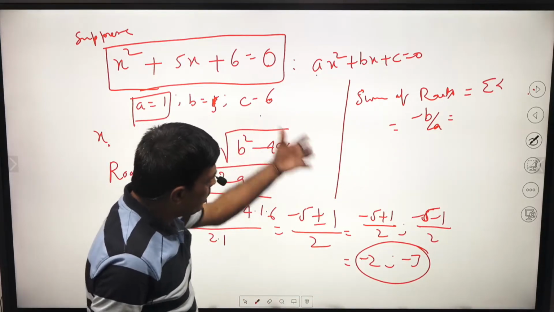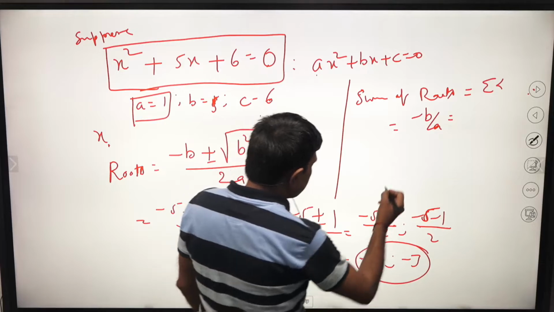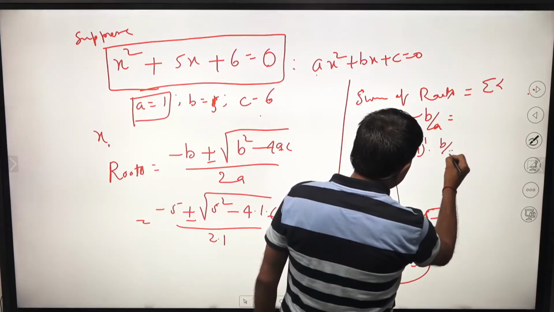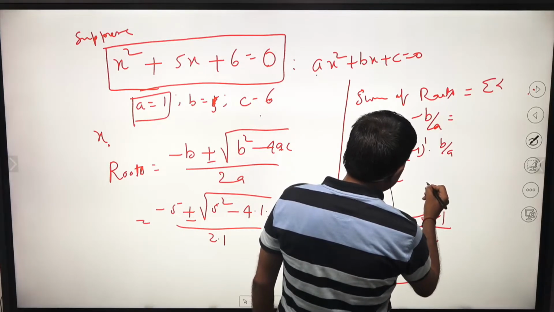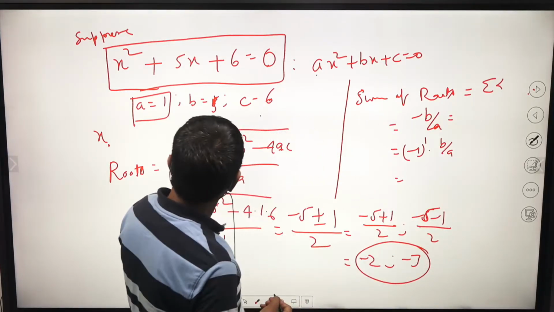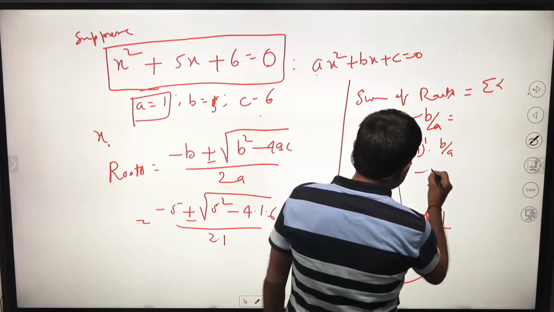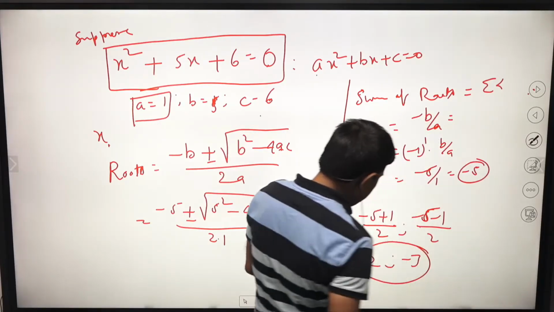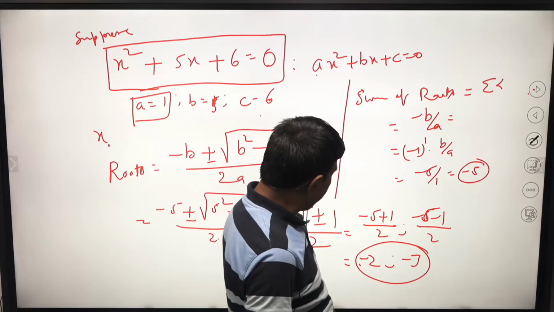I want to generalize this: single roots means minus 1 raised to the power 1 into b by a. So here b is 5, so minus 5 by 1, that means minus 5. Adding minus 2 and minus 3 gives minus 5.